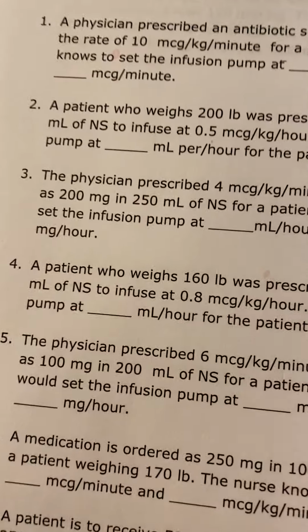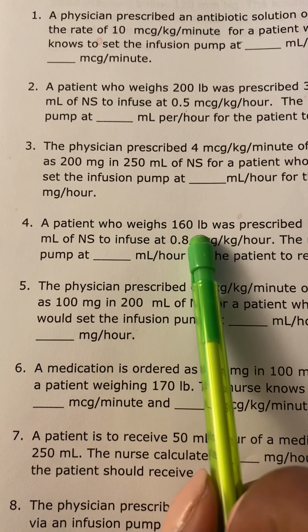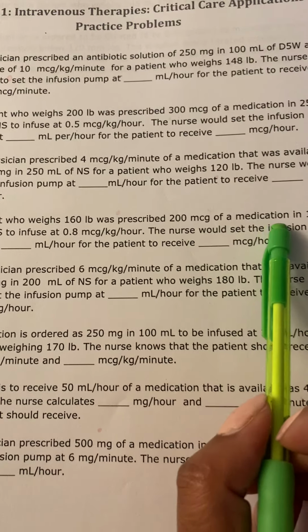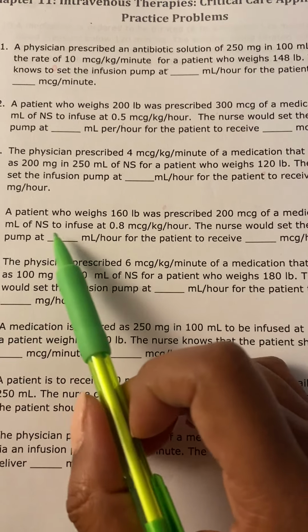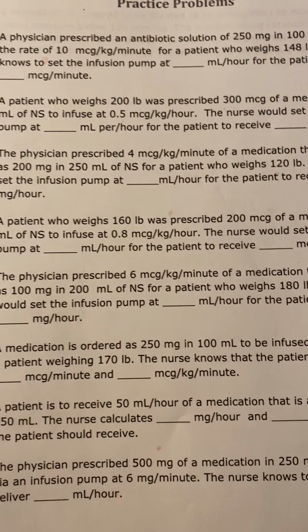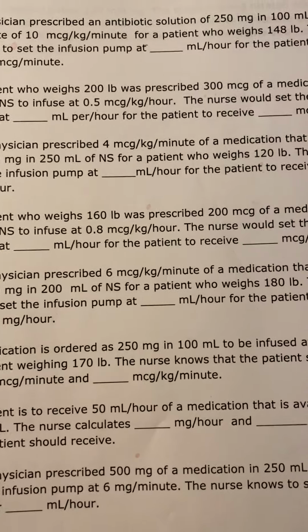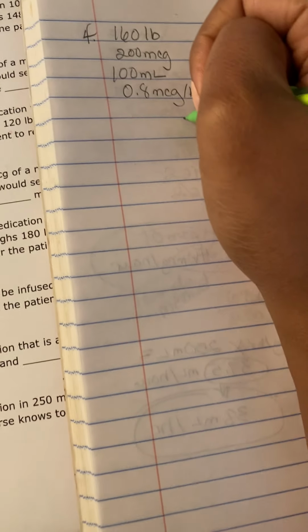Oh, we're on number 4. Okay, 160 pounds, got it. Was prescribed 200 micrograms, got that too, of a medication in 100 milliliters of normal saline, got that. To infuse at 0.8 micrograms per kilogram per hour. I know these examples are the same, but I think you would benefit from seeing it over and over again because repetition is key.